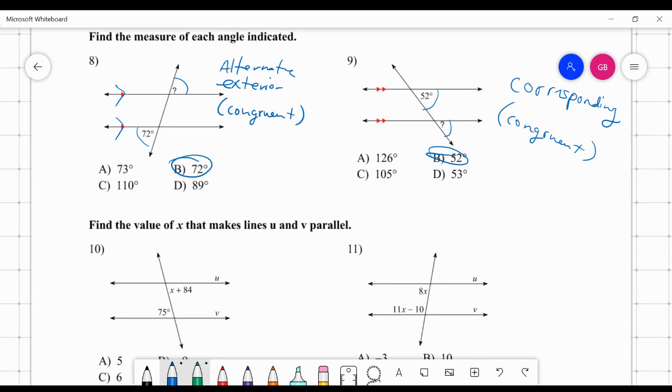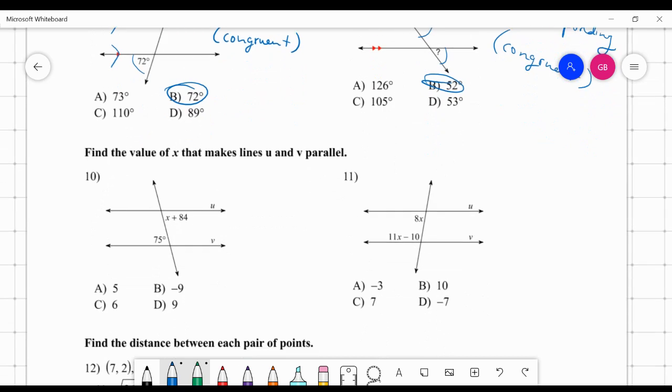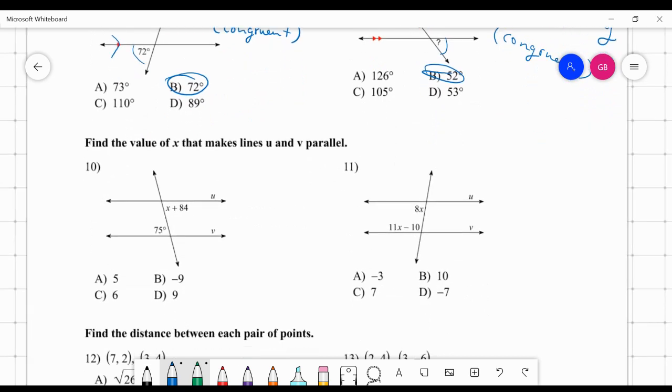Number 10, find the value of x that makes u and v parallel. Okay, so if u and v are parallel, these two angles here would be alternate interior, which are congruent.